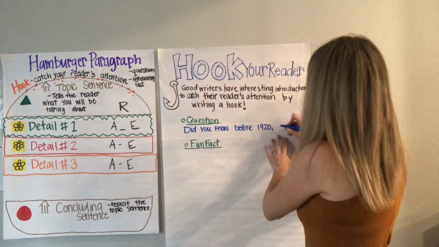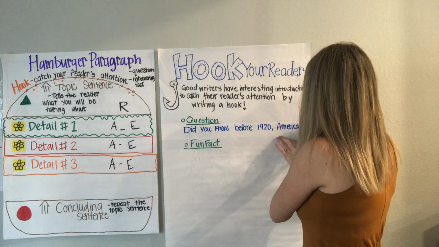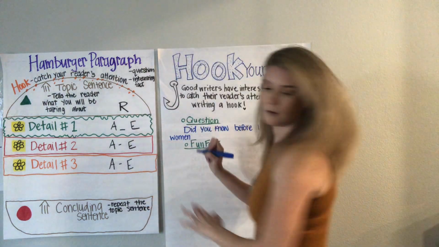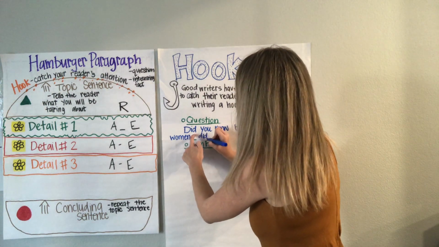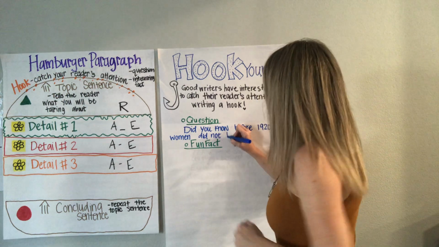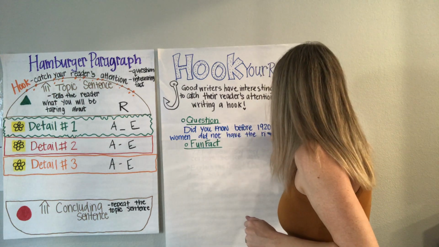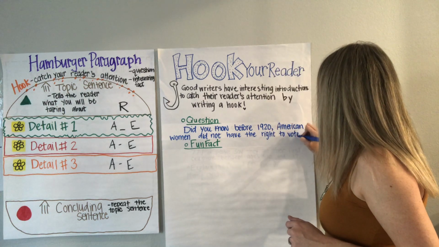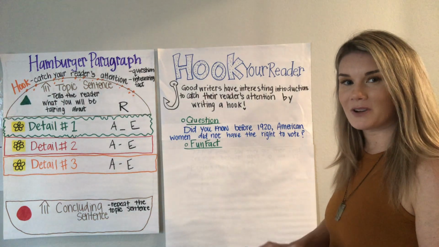American women did not have the right to vote, and then I'm adding, because it's a question, I have to have that question mark. So did you knows are really great questions to ask.